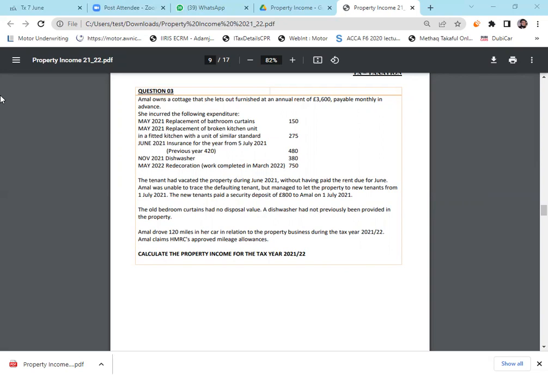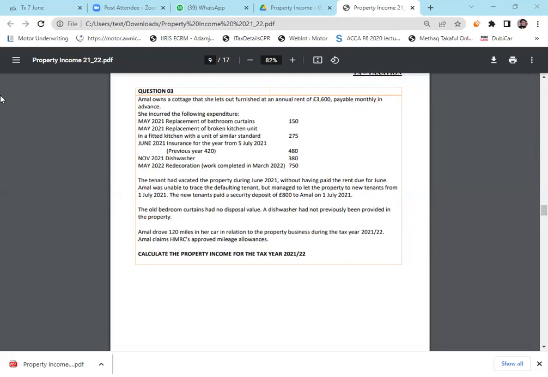The tenant has vacated the property during June 2021 without having paid the rent due for June. Amal was unable to trace the defaulting tenant but managed to let out the property to new tenants from 1st July 2021. The new tenants paid security deposit of £800 to Amal on 1st July 2021. The old bedroom curtains had no disposable value.